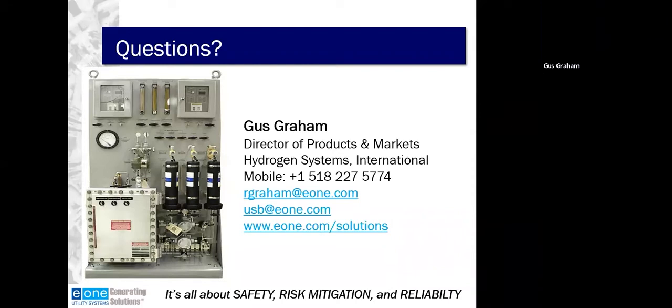Now here are 2 questions on the thermocell. Is the old model of the thermoconductivity cell becoming obsolete, and how long is the life of the thermocell? From an obsolescence standpoint, our current purity cell replaces all purity cells that we've ever manufactured, all the way back to the very first one.